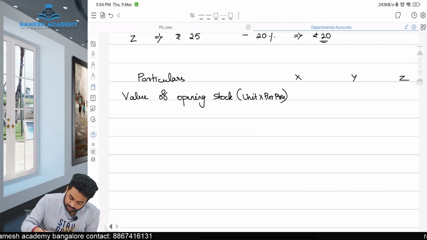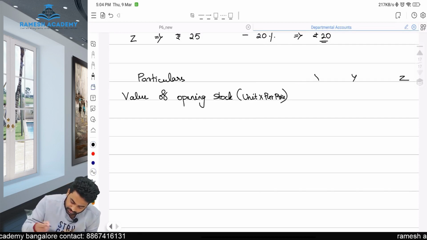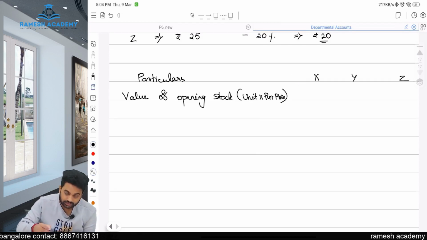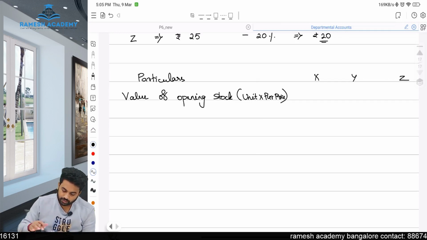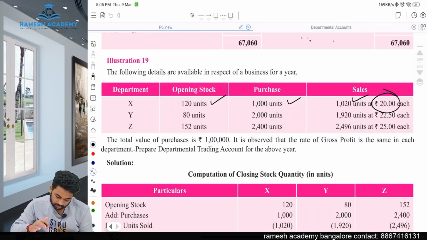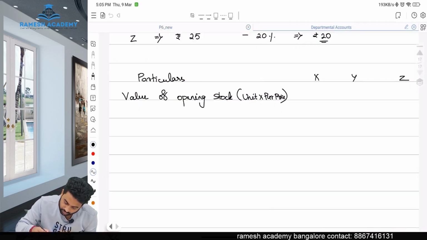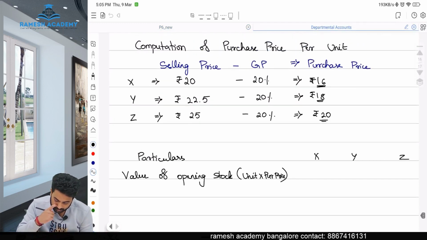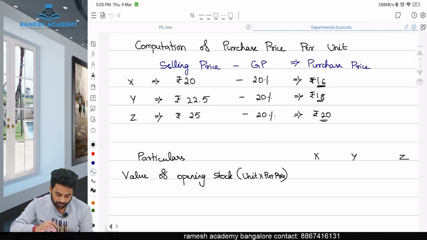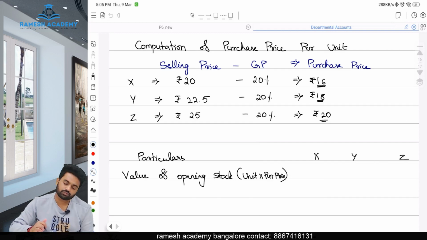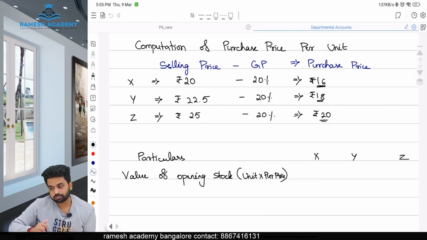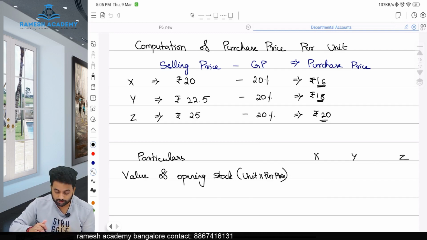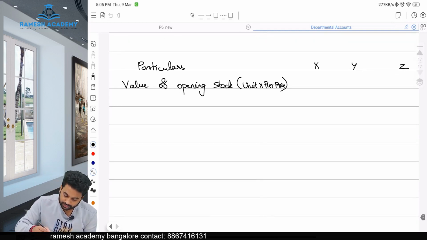How many units were there in X? Opening number of units in X is 120. 120 into what is the purchase price? It is 16. 120 into 16: 1600 plus 320, 1920, right? Opening is 1920.